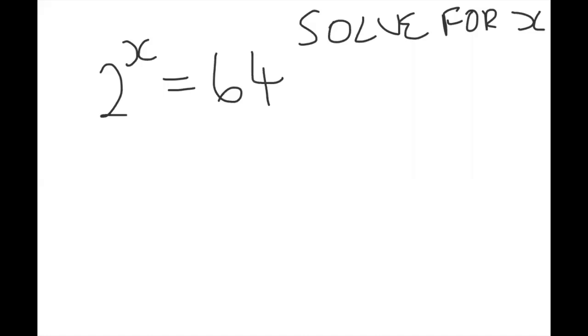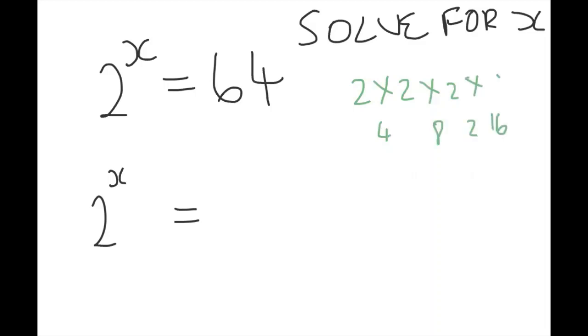So let's take the 2 to the power x, keep it like that. What we're going to do with the 64, we're going to try to break it out and see if we can write it as 2 to the power something. So you're going to work it out separately here. 2 times 2 gives us 4, times 2 will give us 8, times 2 will give us 16, times 2 is 32, and the last 2 will give us 64.